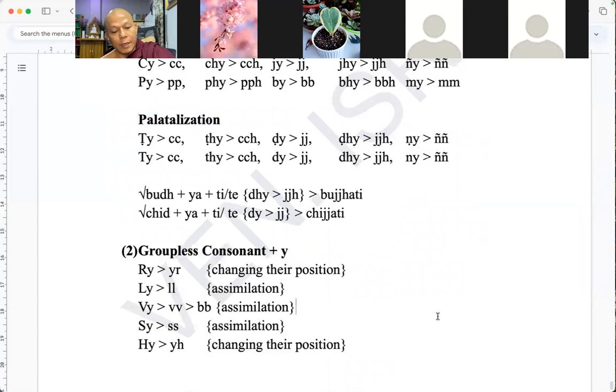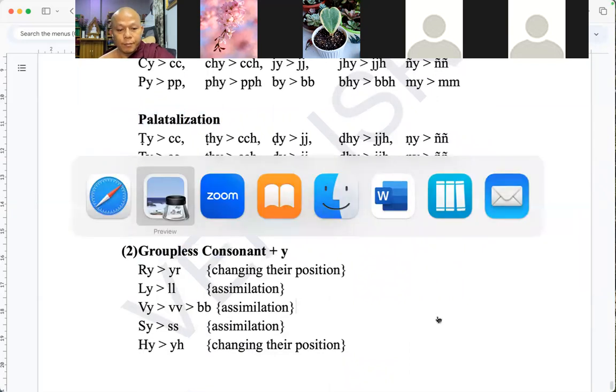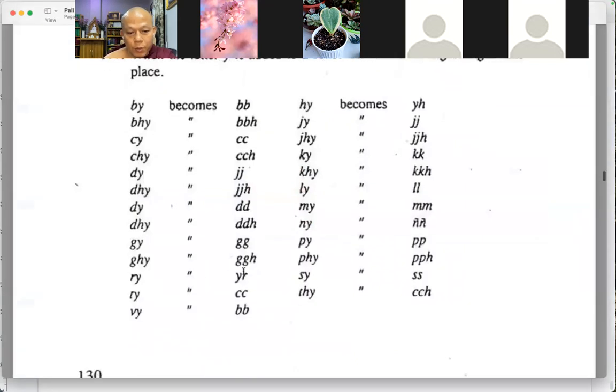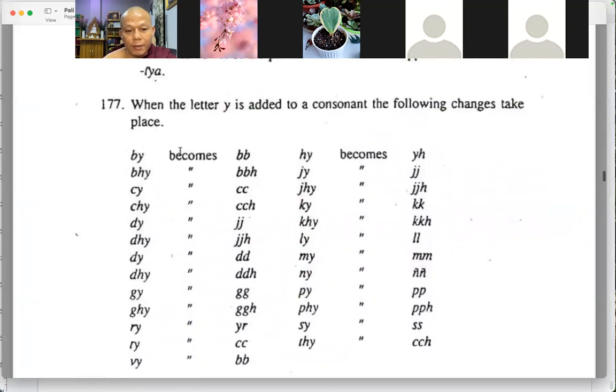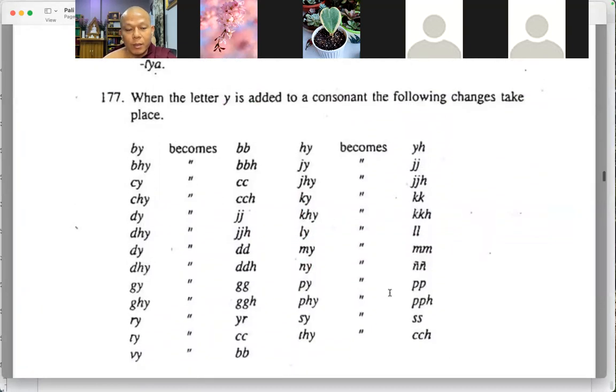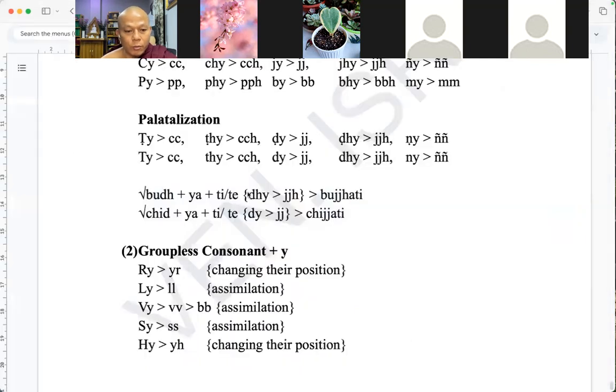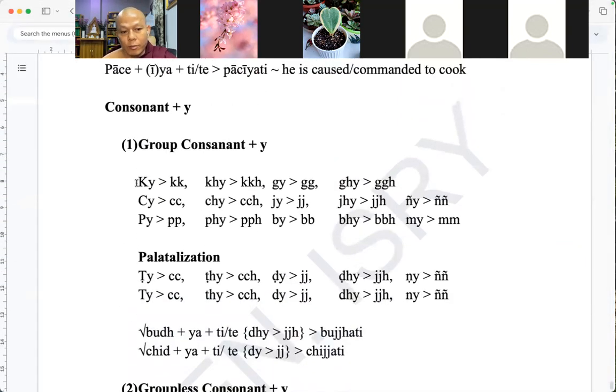So such a change can happen, but it is very random and difficult to remember. That is why we should follow this way. In the group consonant: gaya, gaga, kaka, jaja, chacha, nyanya, papa, bapa, and so on.